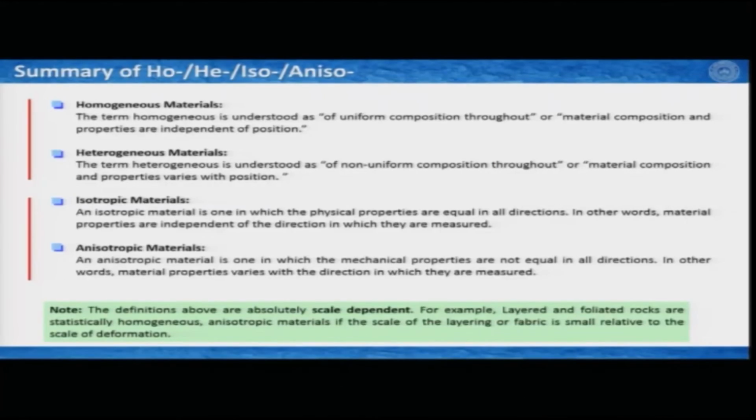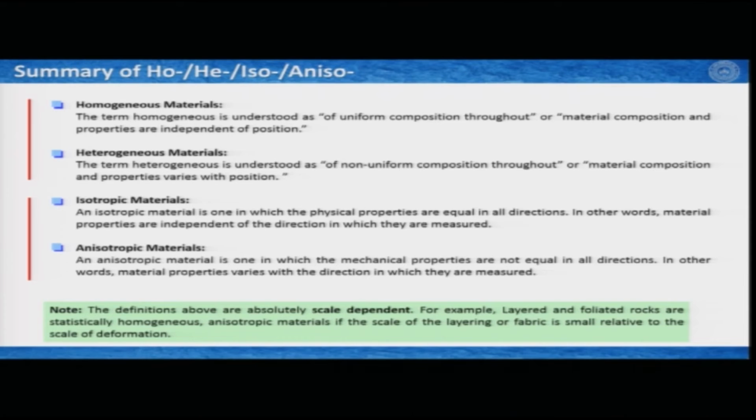Coming back to two other terms, that is homogeneous, heterogeneous, isotropy and anisotropy. Now these are very classic terms which are used in almost all subjects. So in brief, homogeneous materials are of uniform composition throughout, or any property that you are looking at is uniform throughout the material, and if that does not hold, then this is a heterogeneous material.